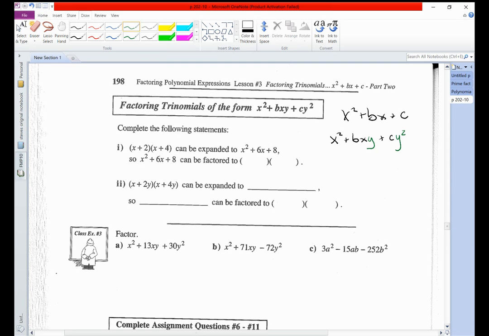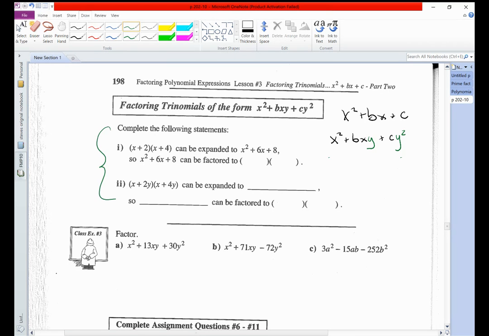So x squared plus bxy plus cy squared. There's a bit of symmetry that you can kind of see here. The first term has an x squared, and the last term has a y squared, and then the middle term has just one x and one y. That's kind of the symmetry that we're looking for. And I'll show you how we're going to do that.